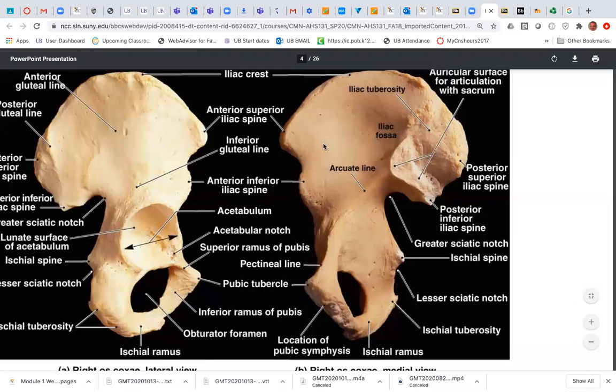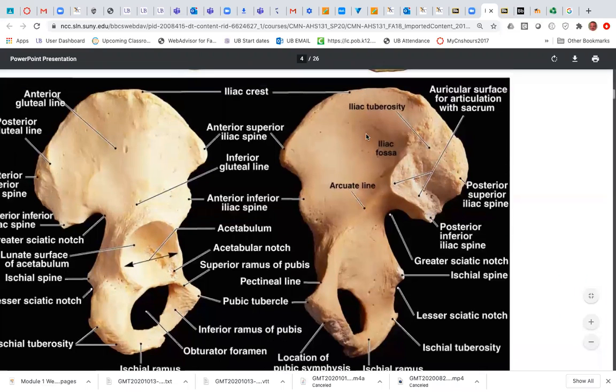And there is this smooth depression in the front called the iliac fossa, right? This is still the ilium, but from the front. This inner depression is called the iliac fossa. And there is a muscle that originates here called the iliacus, which is a primary hip flexor.